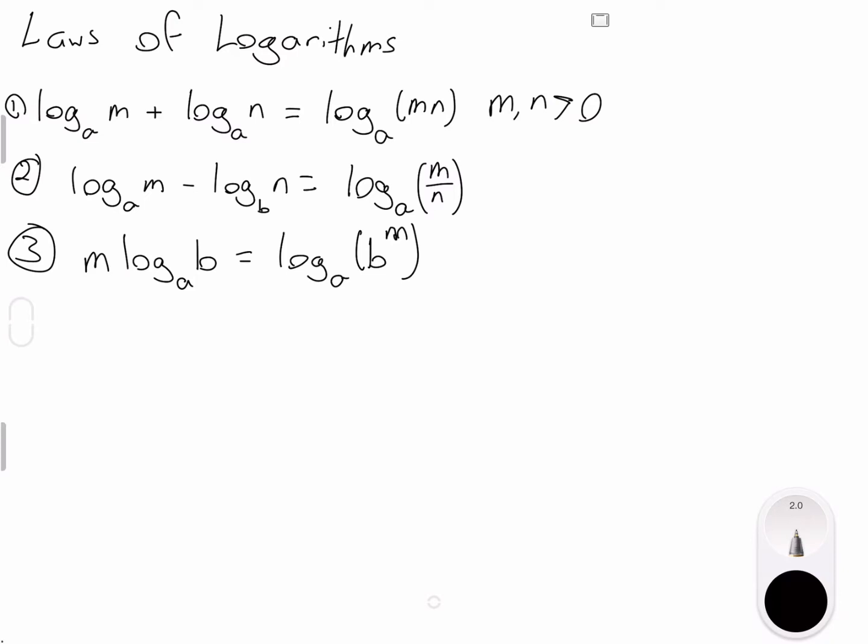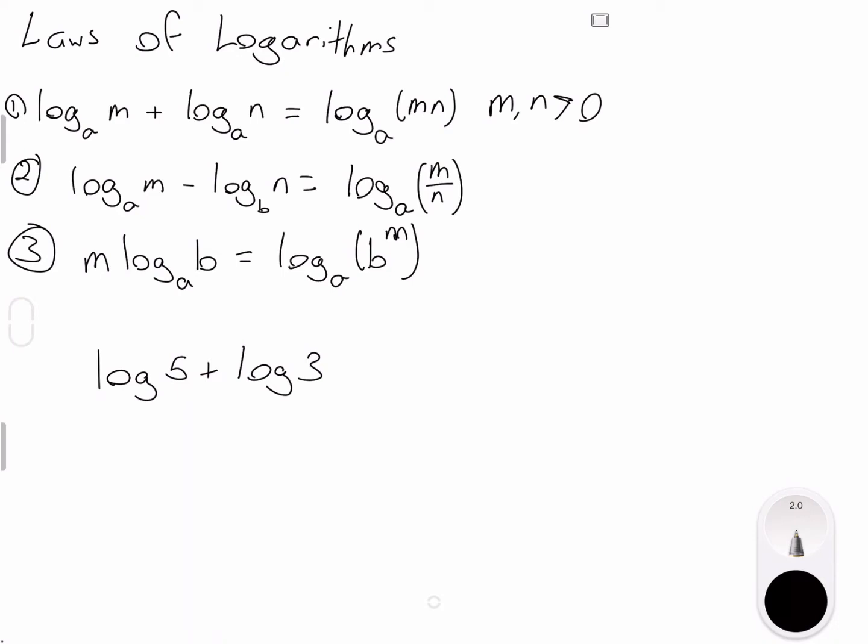So let's look at some examples. I'm going to use these rules to write as a single logarithm: log 5 plus log 3.